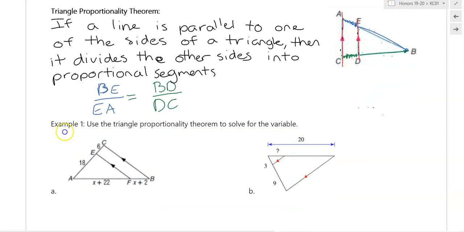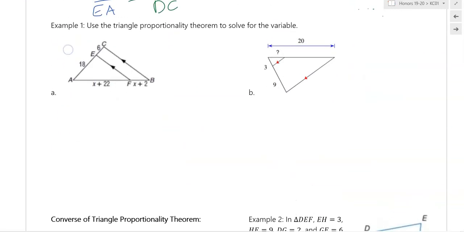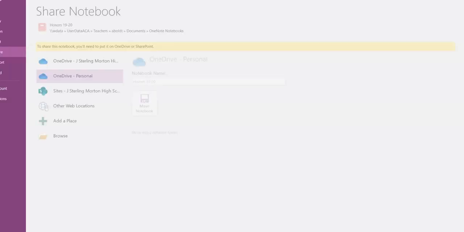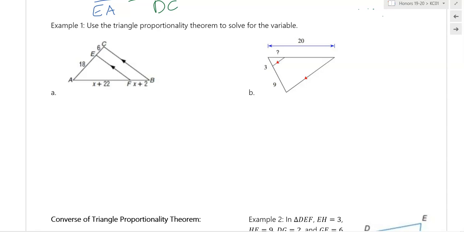All right. So let's look at example 1. Use the triangle proportionality theorem to solve for the variable. So again, I'm going to start, here's my parallel sides and the point, right?